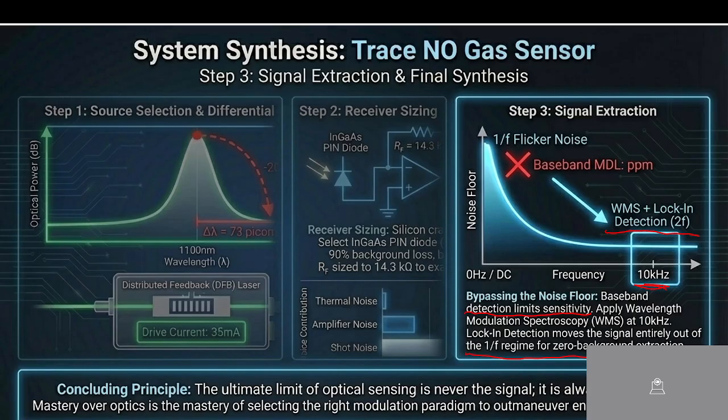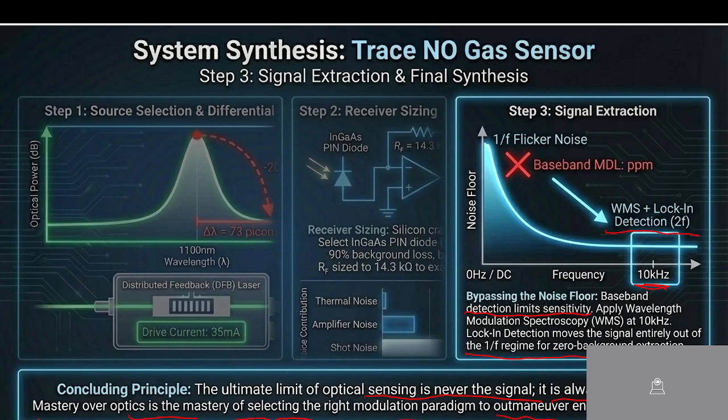Concluding, this is the conclusion. The ultimate limit of optical sensing is never the signal, it is always the noise. Mastery over optics is the mastery of selecting the right modulation paradigm to outmaneuver environmental chaos.